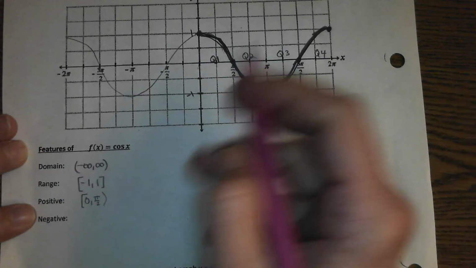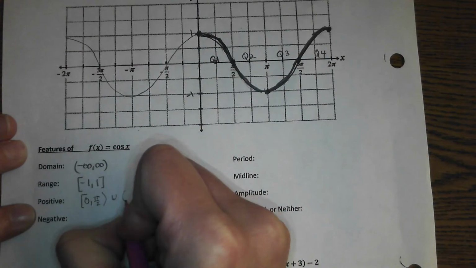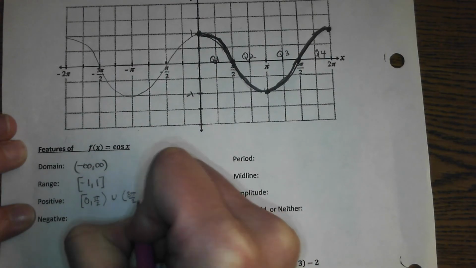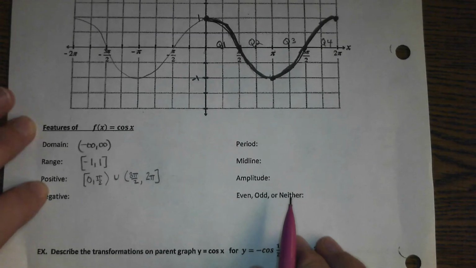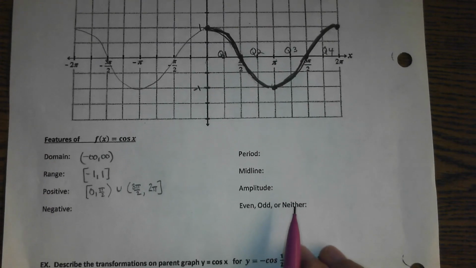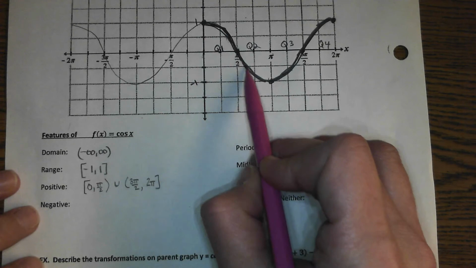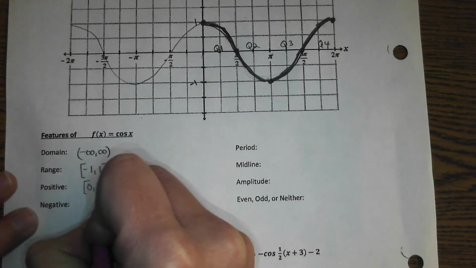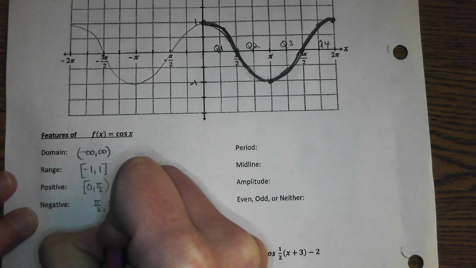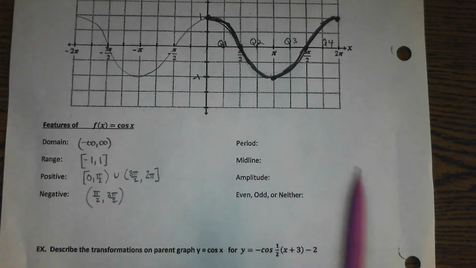And we're positive again from 3 pi over 2 to 2 pi. And again, I'm just running through the main cycle of this. We're negative from pi over 2 to 3 pi over 2, this whole little U-shaped section. And those are both with parentheses because the endpoints are actually 0.